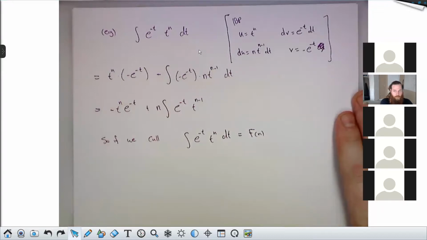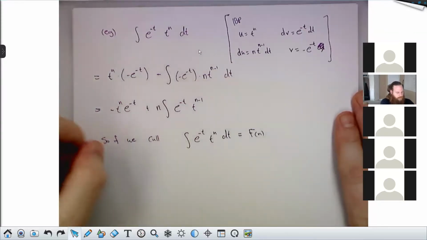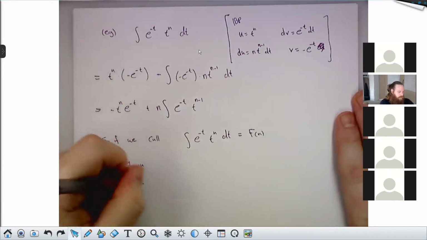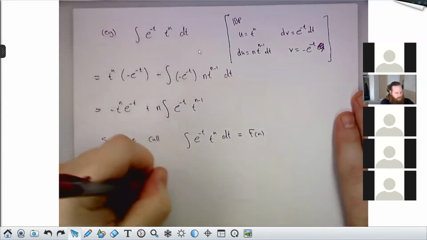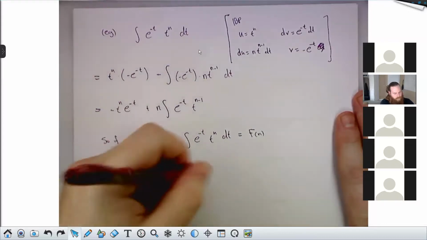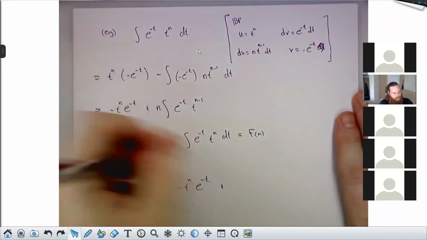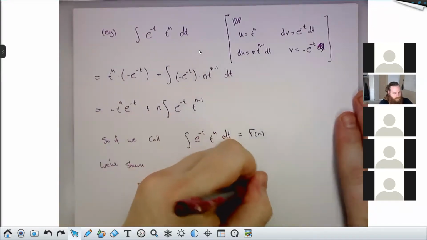The t's go away, right? When you integrate this, there are no t's in the answer, but there are n's. Then what we've shown is that f of n, that original integral, is equal to negative t to the n e to the negative t plus n times f of n minus 1.